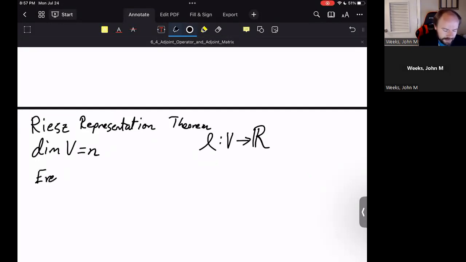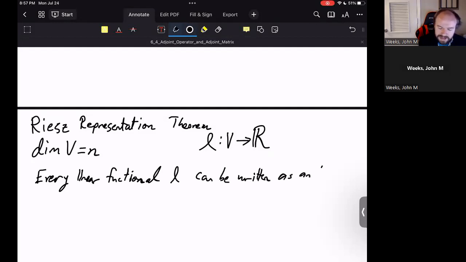Every linear functional, that is every function L from the vector space into the field of the real numbers, can be written as an inner product in the following way.